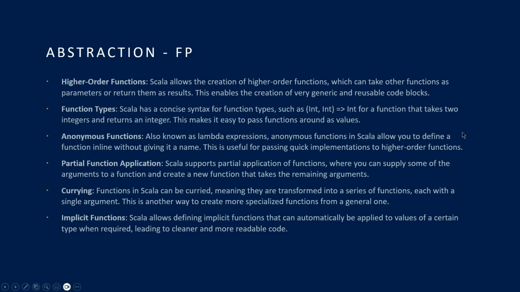You've got lambda expressions, another way that you can do it, without giving it a name. Partial functions, some of these we're going to look at code examples in a moment, by the way. Currying, where you can transform into a series of functions, each with a single argument. We'll see an example of that in a moment. And then implicit functions as well. So yeah, all the function goodies.